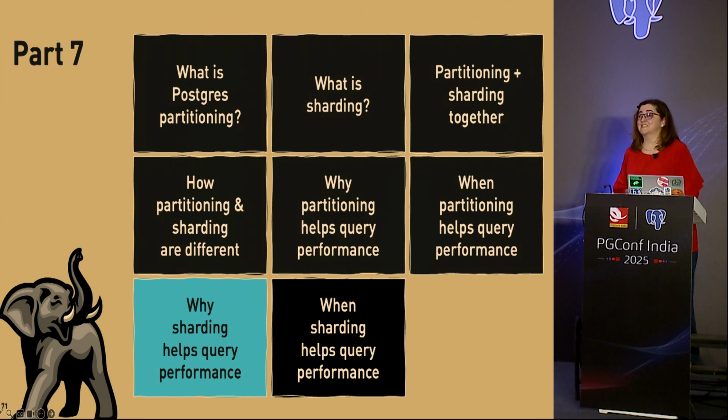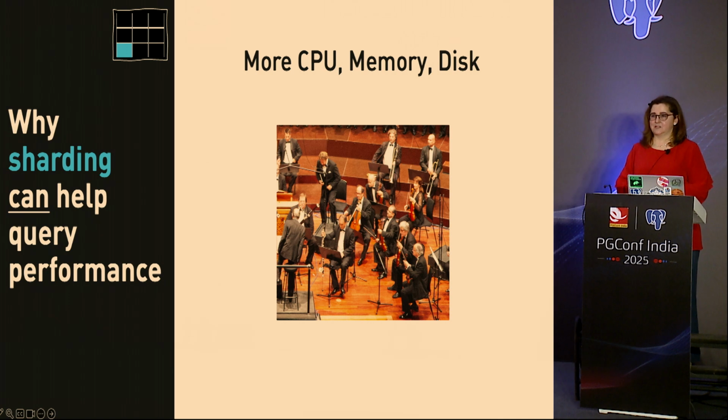All right, so now let's talk about sharding. We're getting close to the end, which is great, because I know you all are exhausted after 2 or 3 intense days. But we need to talk about why sharding helps query performance. And my analogy here is, you can imagine, I think there's about 12 musicians showing in this particular orchestra, and I bet when they play together, the music is going to sound wonderful, right? It'll be good.